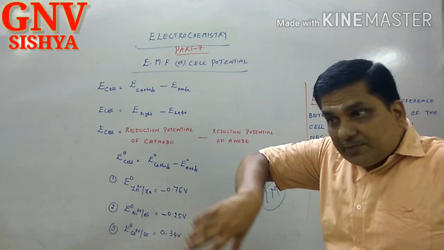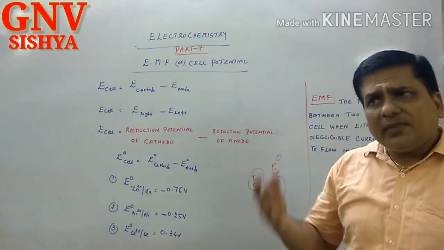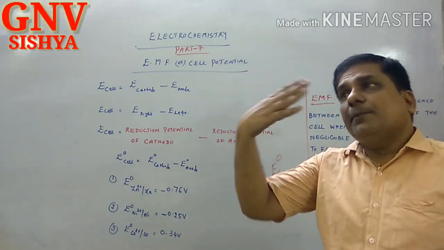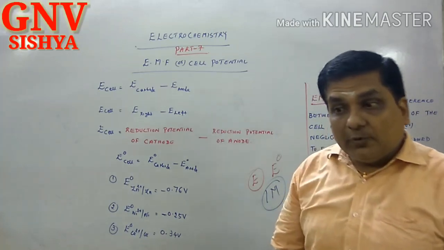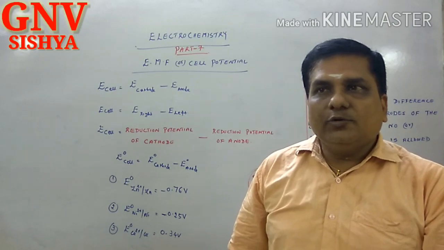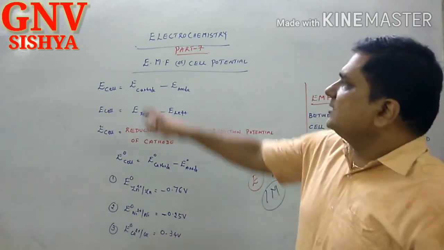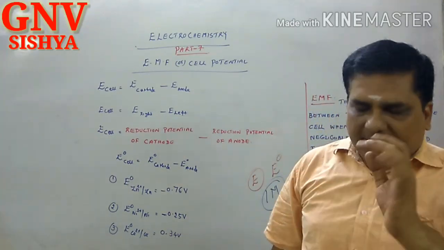If the EMF is measured under those conditions, then we call it standard EMF. 0.1 molar is not a standard solution. If the EMF of the cell is measured using non-standard concentration, meaning not 1 molar, then that is ordinary EMF. This is ordinary EMF, this is standard EMF, right?